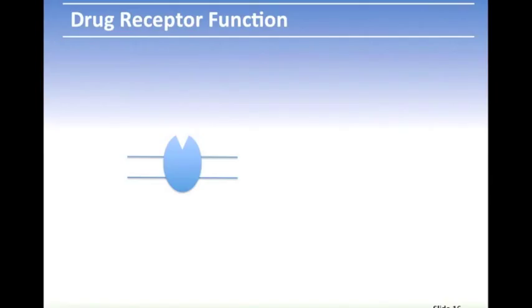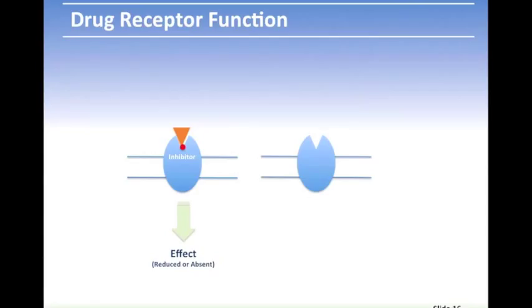On the other hand, if the binding site is blocked by an inhibitor, then the effect is either reduced or eliminated. Interestingly, this change in affinity for the drug can also be observed in protein variants that change the size, charge density, or other key characteristic of the receptor binding site.